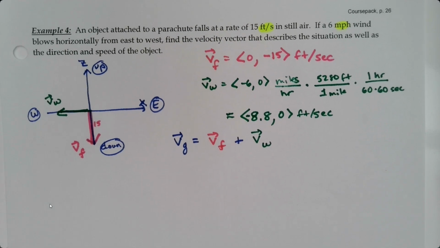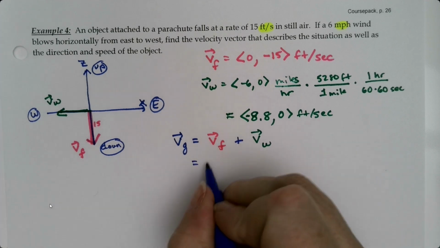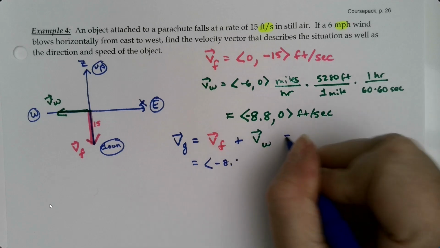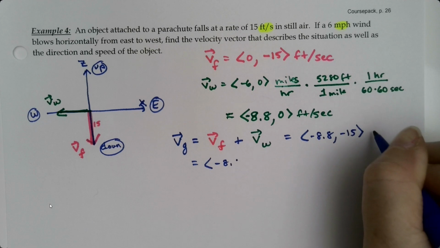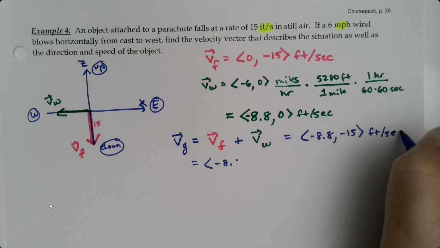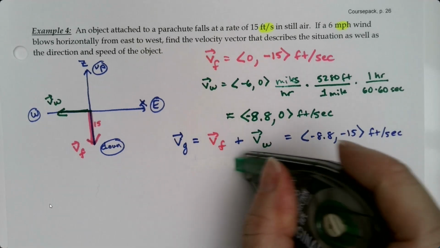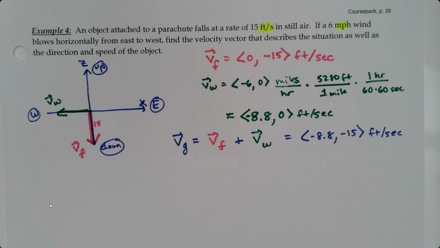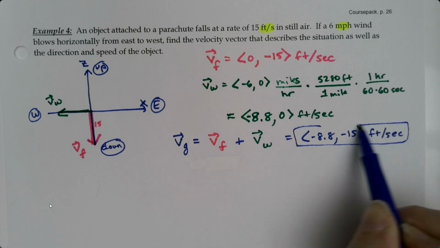So this would be equal to negative 8.8, comma, negative 15 feet per second. The 8.8 is because it's going west, and the 15 is because it's falling. So this is a pretty straightforward one. All right, so there is our velocity vector.